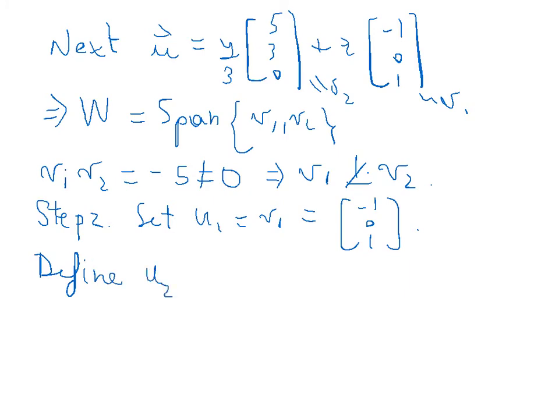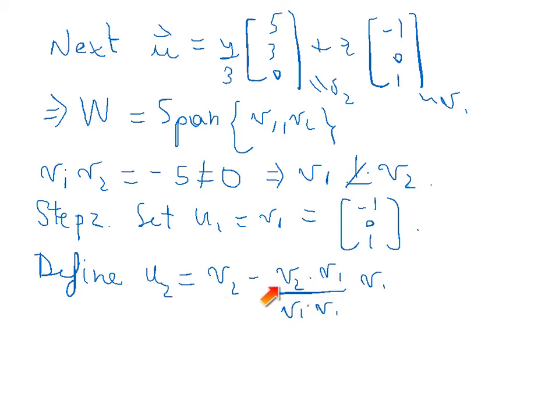We're going to define u2 to be equal to the vector v2 minus (v2 dot v1 divided by v1 dot v1) multiplied by the vector v1. So u2 defines the difference between v2 and this other vector that I'm pointing out, which is the projection of the vector v2 onto v1.